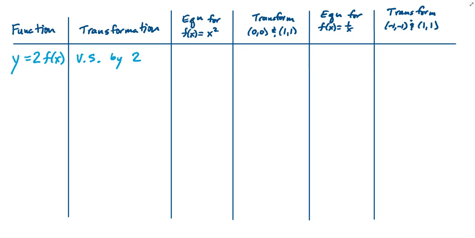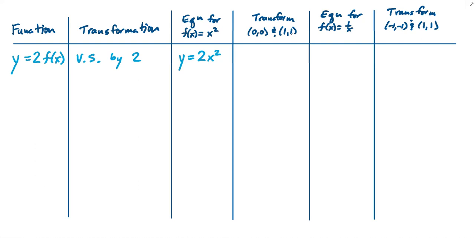What would this look like if f of x here was x squared? Well, the equation would be 2 times x squared, y equals 2x squared. This, without the function notation, you probably recognize as being a parabola that's been vertically stretched by a factor of 2, because this 2 here is in the place of a.